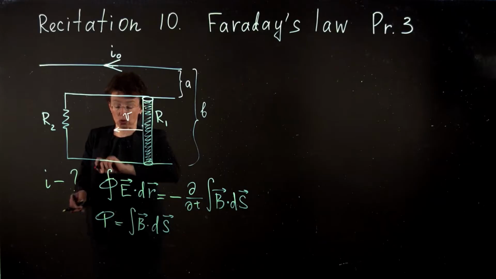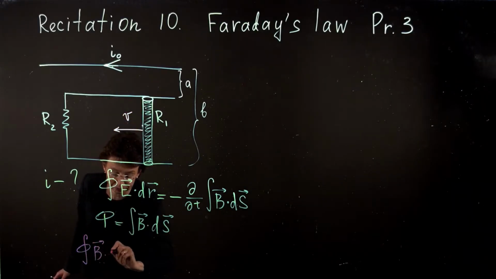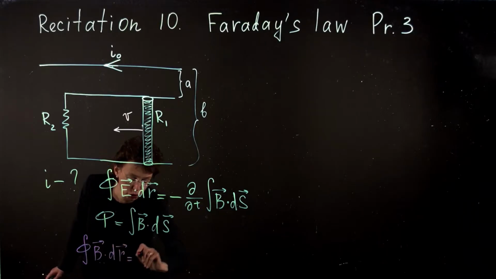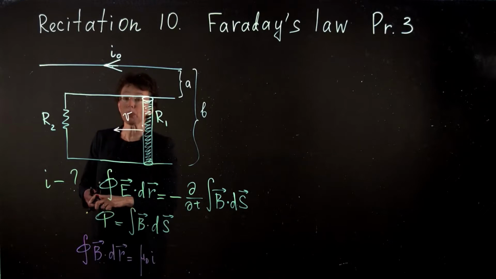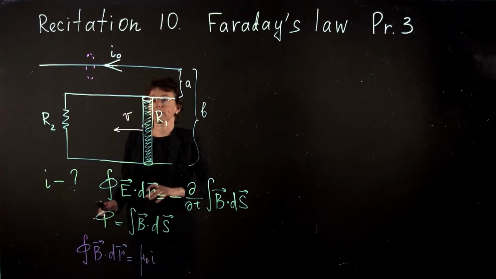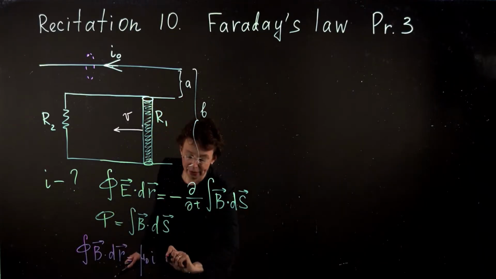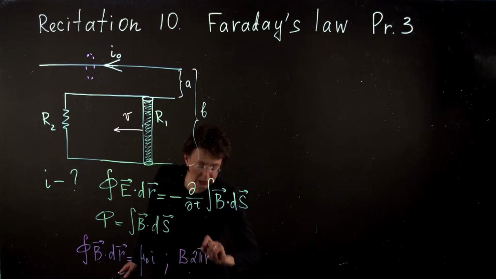According to Ampere's law, the integral of B dot dr is equal to mu naught times the current enclosed by this loop. So my loop looks like this. Then I have B times 2 pi r. We did it many times.